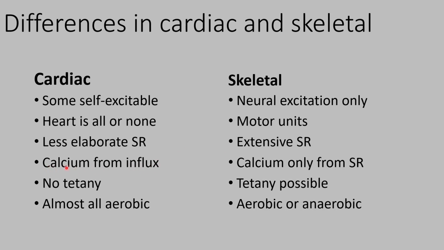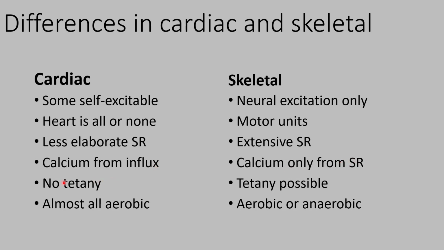So that's what we mean right here: calcium influx. There is a little bit of it in the sarcoplasmic reticulum, but it doesn't play a whole lot of a role. Most of the calcium required for a cardiac muscle cell comes into the cell from across the plasma membrane, whereas in skeletal muscle, the calcium only came from the sarcoplasmic reticulum.